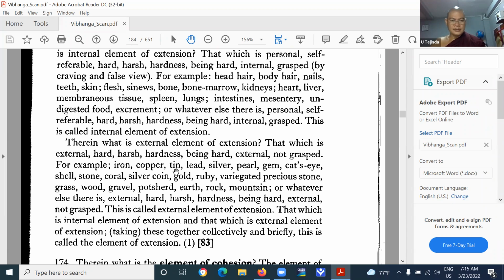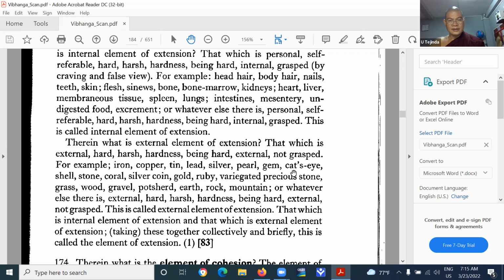Tipu, tin. Sisa, lead, not head. Then sajjhu, that is silver. Muttha, that's pearl. And mani, gem. And veluriya, cast iron. We say cast iron here.